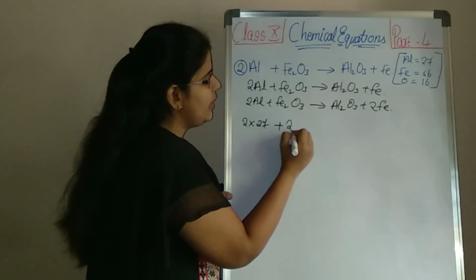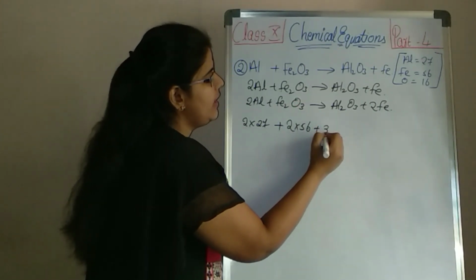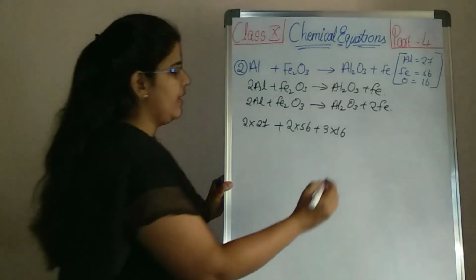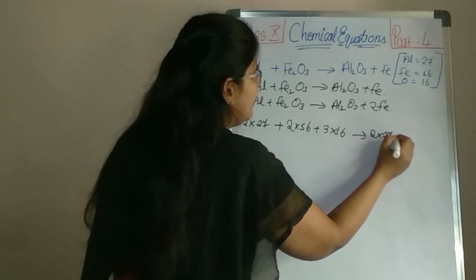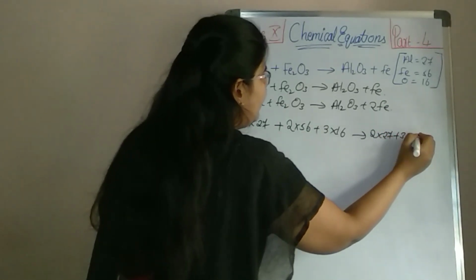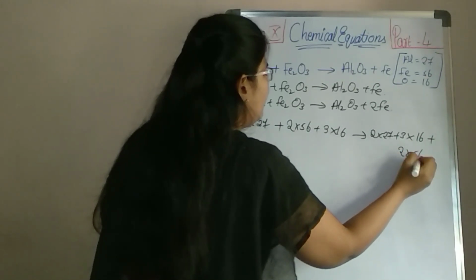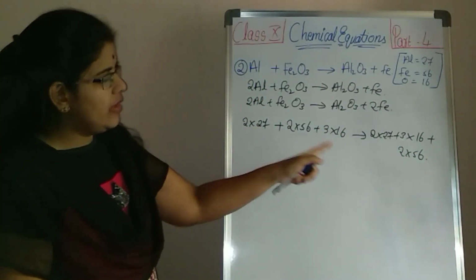So 2 into 56 plus 3 into 16. This is on the reactant side. On the product side, 2 into 27 plus 3 into 16 plus 2 into 56. These are the values we have written.